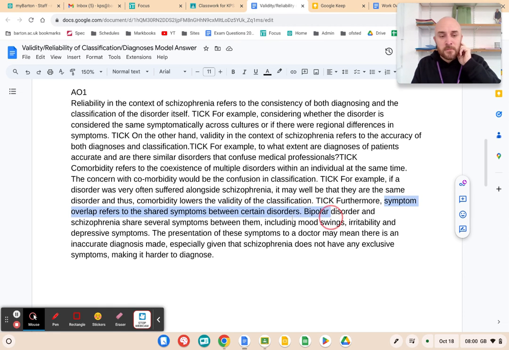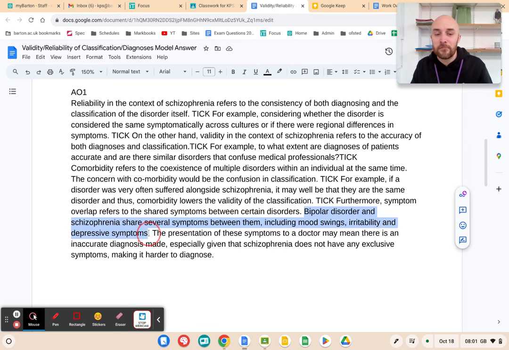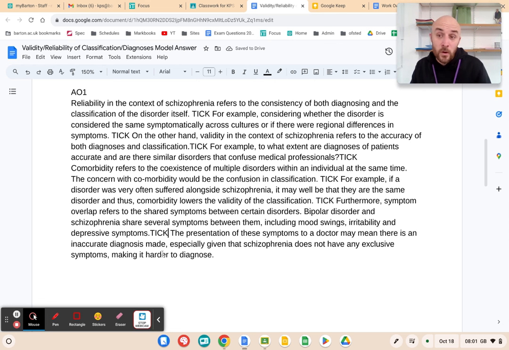Furthermore, symptom overlap refers to shared symptoms between certain disorders. And again, remember, this question is about schizophrenia, so specify it to schizophrenia. Bipolar disorder and schizophrenia share several symptoms between them, including mood swings and irritability and depressive symptoms. There's a tick there as well. The presentation of these symptoms to a doctor.